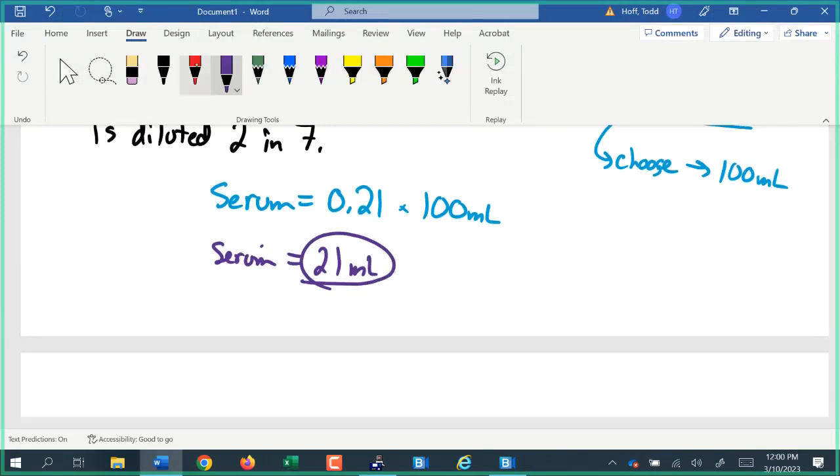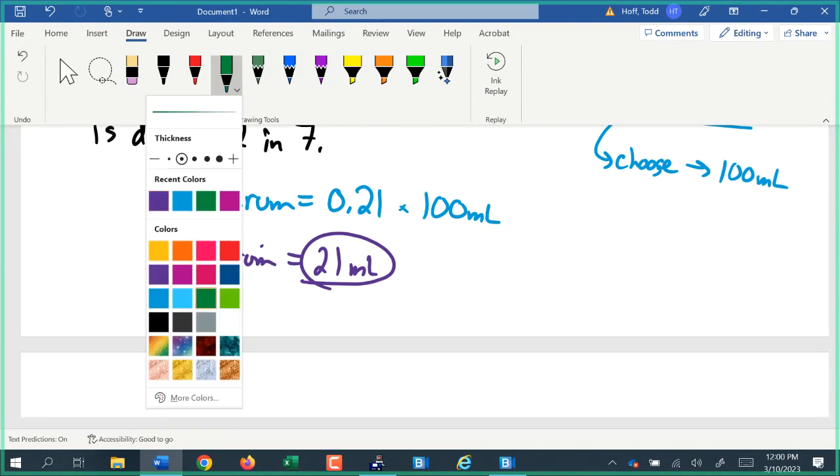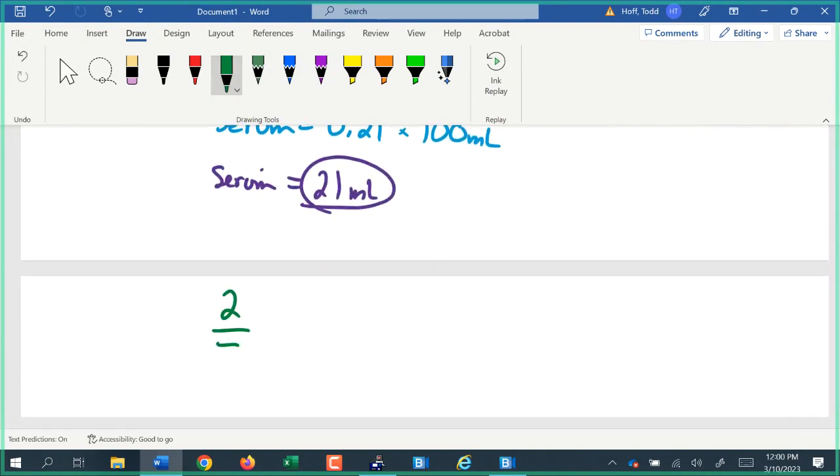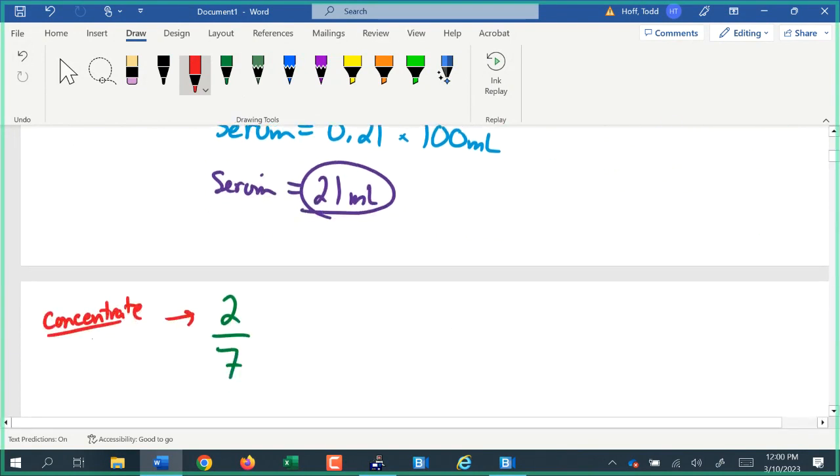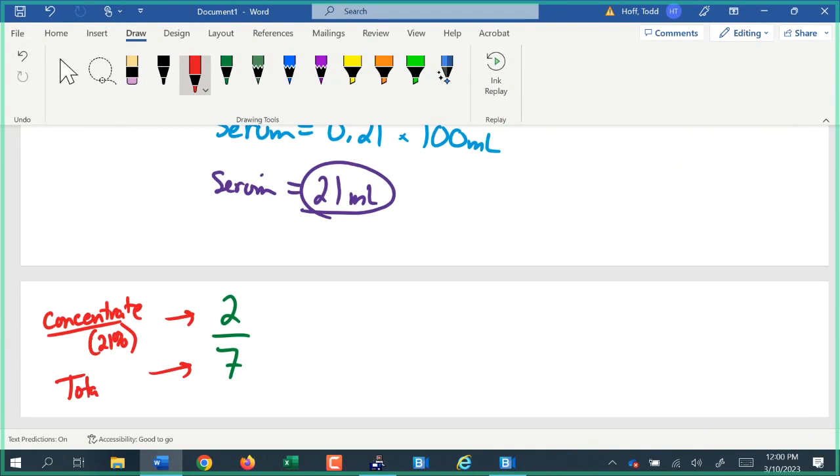Now we are going to do the 2 in 7 dilution. Now remember, the 2 in 7, the 2 is the serum or the concentrate. In this case, the concentrate is the 21% solution. And then the 7 is going to be the total solution after we've diluted it.